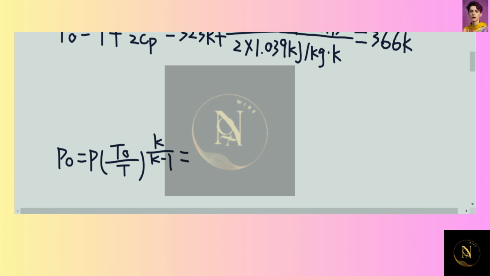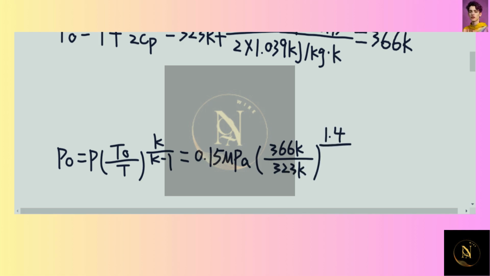So now let's determine the stagnation pressure, which is equal to 0.15 megapascal multiplied by T0, which is 366 Kelvin, over 323 Kelvin, to the power of 1.4 over 1.4 minus 1.